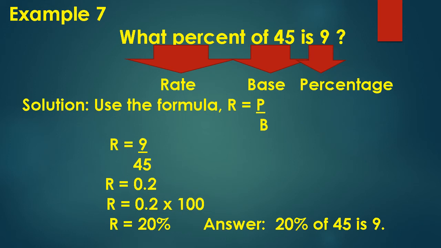So we are going to divide 9 by 45. The answer is 2 tenths. And 2 tenths times 100. This is changing decimal to percent. The answer is 20%. So the answer is 20% of 45 is 9.